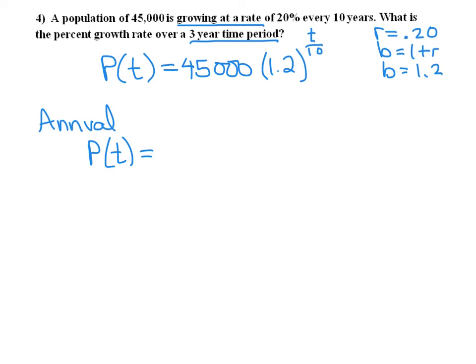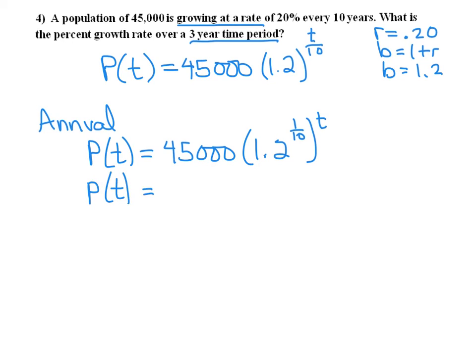So we say P of t is equal to 45,000. I've got my 1.2 as my b value. And because my exponent is divided by 10, I'm going to move that 1/10 to the inside. And now I'm raising my base to a t, which tells me I'm going to have the annual growth rate. Let's go to your calculator.